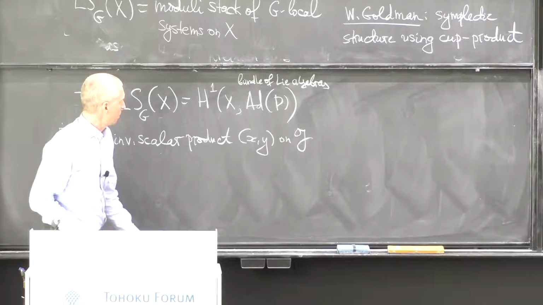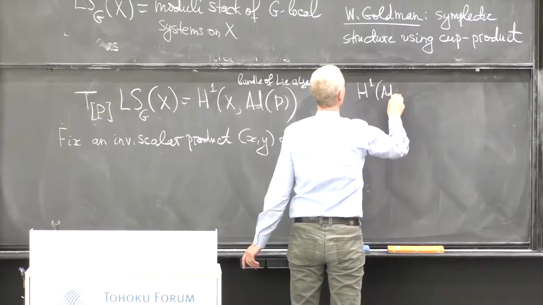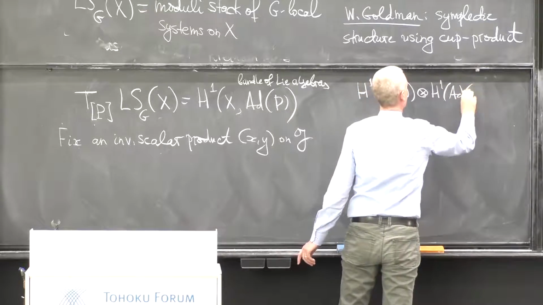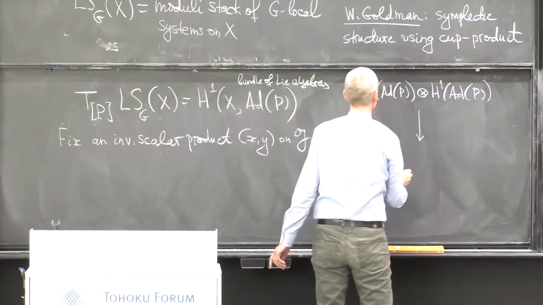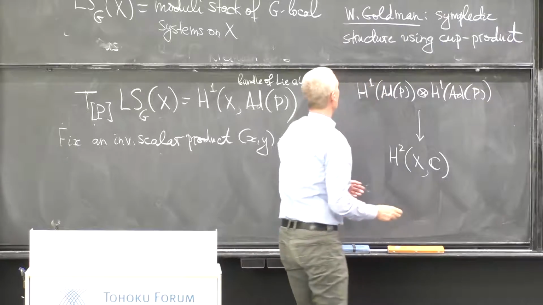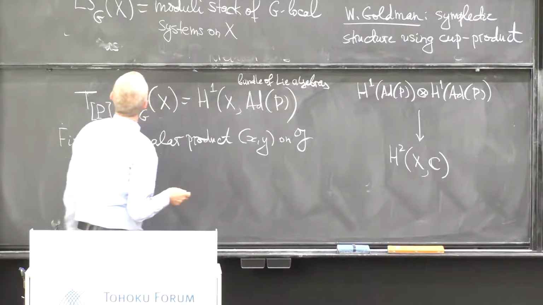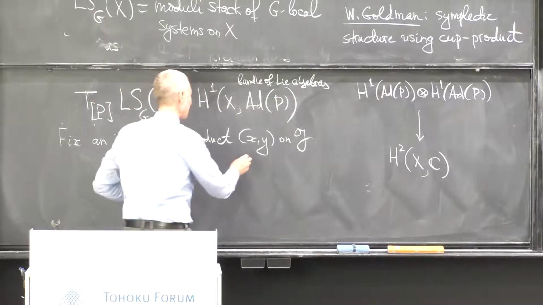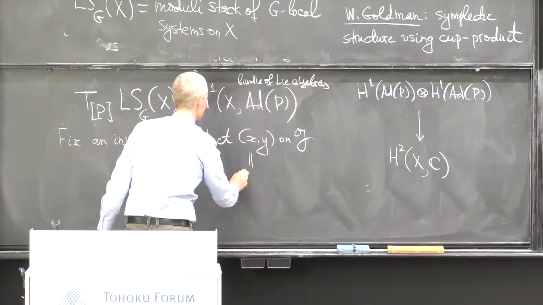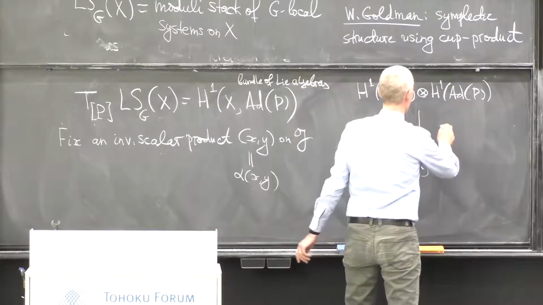And then we have the pairing, it will go like this. We have H1 of ad ρ, then H1 of ad ρ, and it would go into H2 of X with coefficients in C, going by the formula, basically, invariant scalar product like this, and for the purpose of this formula, let me write it as α of x1.